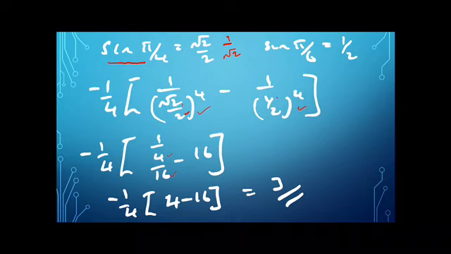This here is 1/2 to the power of 4, which is 1 over 16, and then 1 over that is 16 here. So 4 minus 16 is -12. Negative and negative make it positive. 12 divided by 4 gives us the answer of 3.